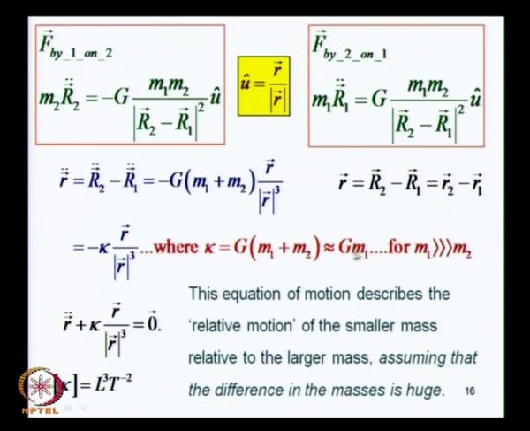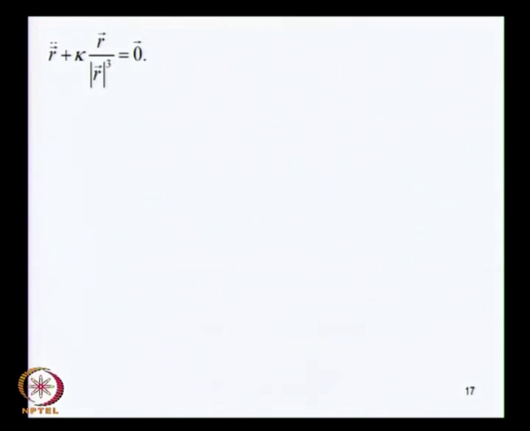So, this constant is determined completely by the universal constant and the mass of the object 1. This has got the dimensions of L cube t to the minus 2, and keep track of this, because in some books and papers you will find that some other units have been used, and sometimes these terms have been scaled by some other mass constants. So, you may see a slightly different expression than what you will see in this class. So, kappa has got the dimensions of L cube t to the minus 2.